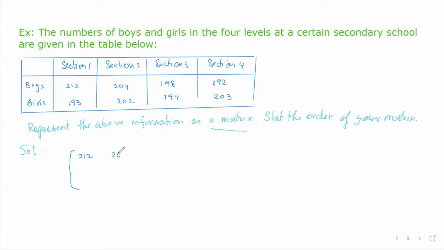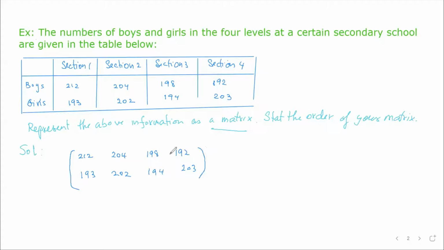That doesn't matter. It depends on what you like, but make sure you complete every element in this matrix. So this one becomes 193, 202, 194, and 203, and then close.